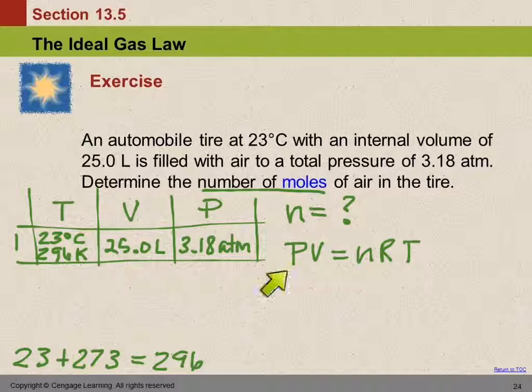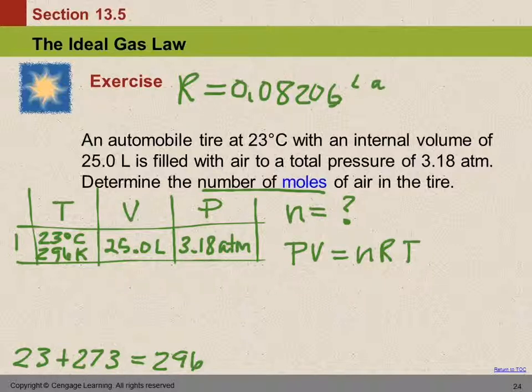We know what pressure is, we know what volume is, we know what the temperature is. They're asking us what n is, and what's R? Yeah, it's that gas constant. I'll write it up here. 0.08206. That's not a 6.